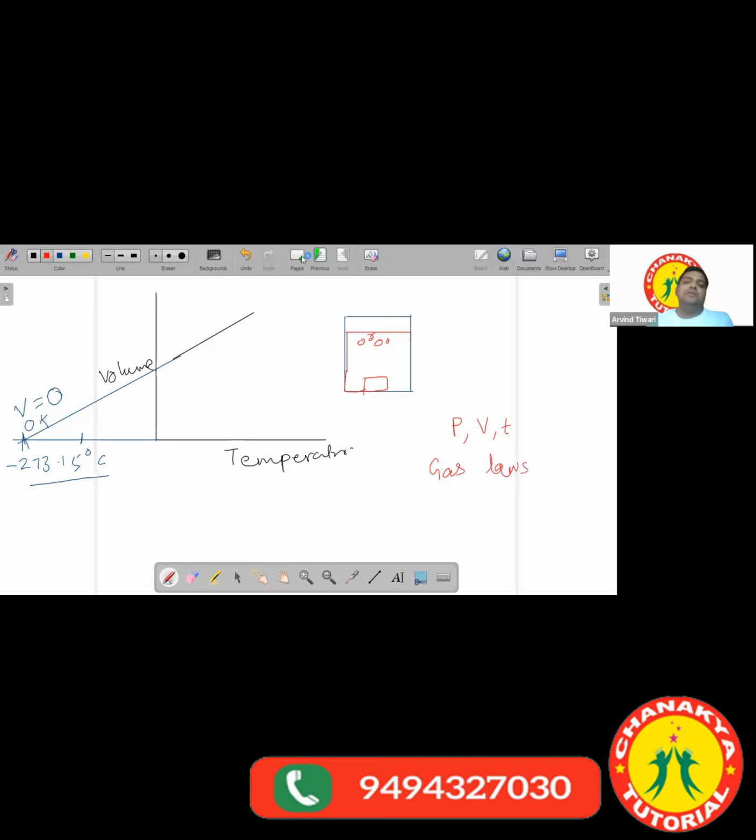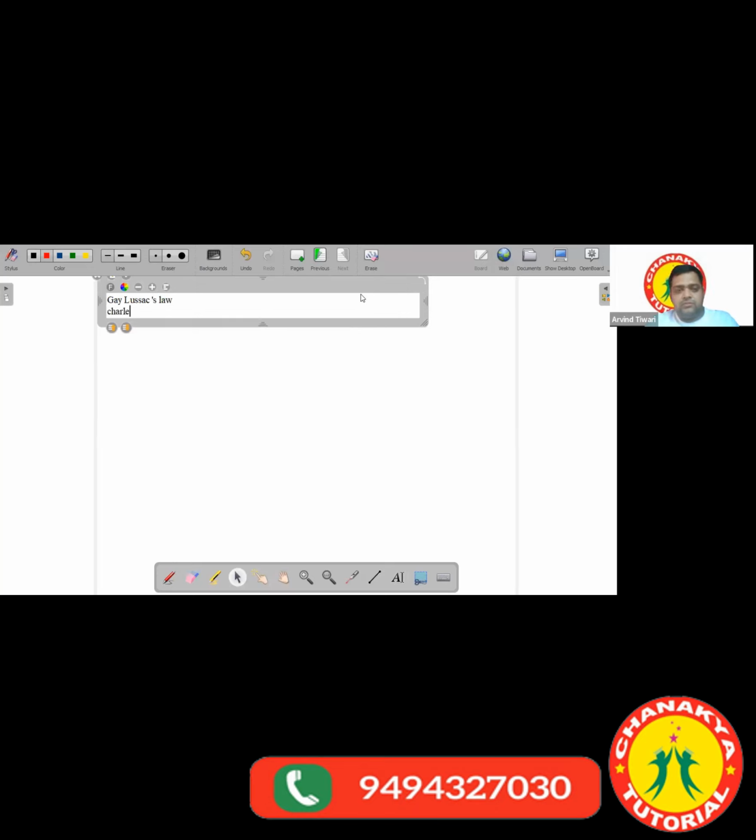These gas laws are namely called Gay-Lussac's law, Charles's law, and Boyle's law.